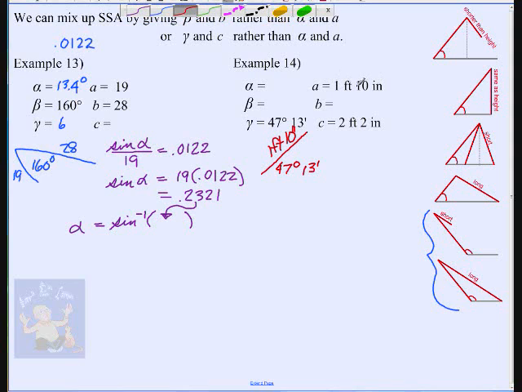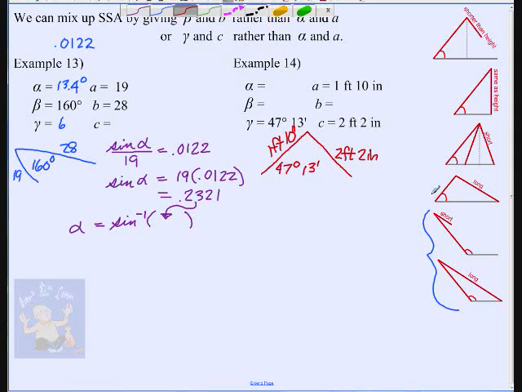Let's convert it all into inches. And then our opposite side over here is a nice long one, 2 feet 2 inches, at least long relative to A. And that's a good thing, isn't it?